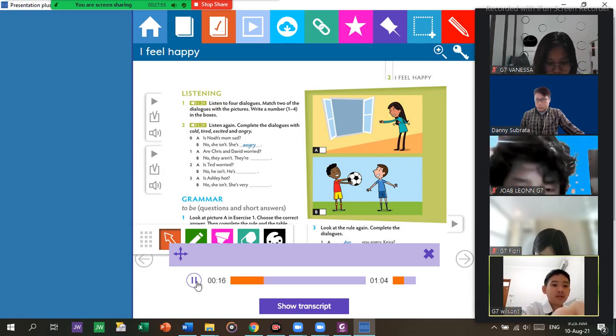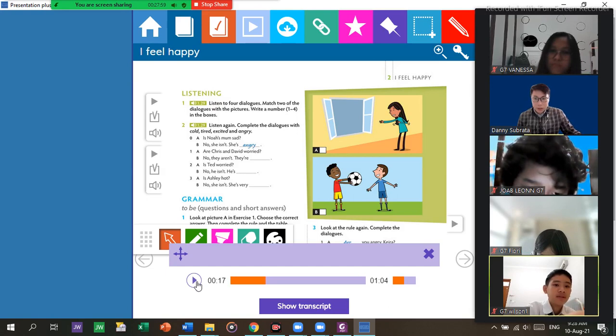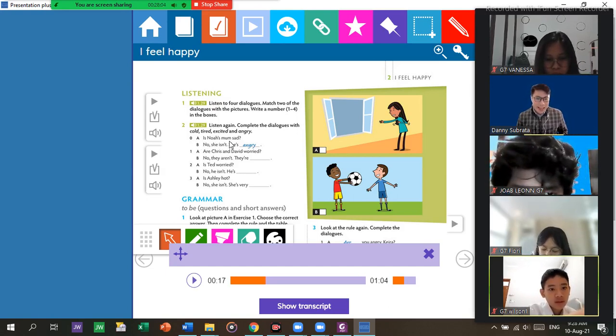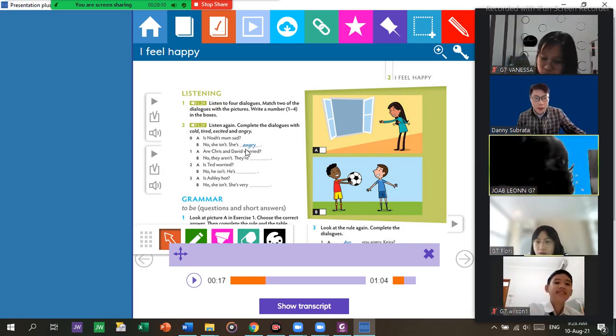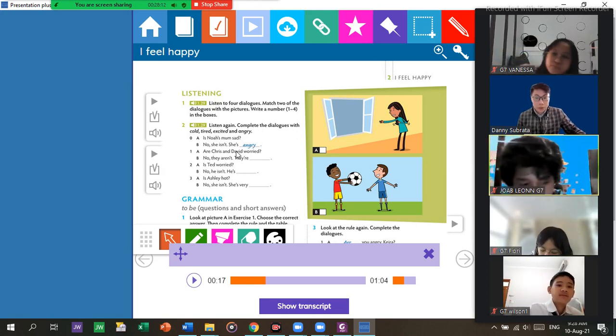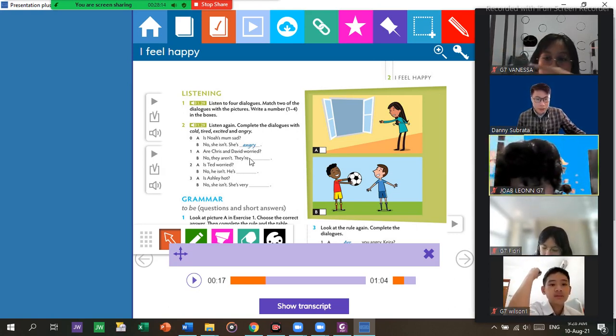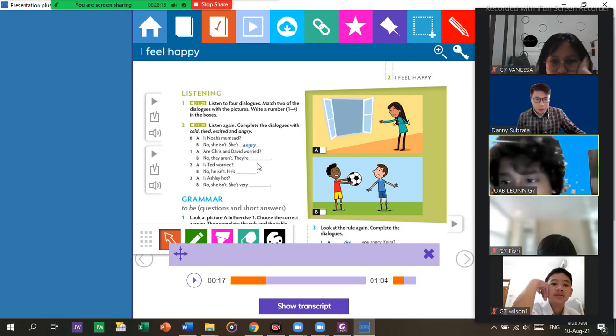I'm sorry, Mum. Okay, so in the example, for number 0, it is said, is Noah's mom sad? No, she isn't. Says angry. So you're going to write down the feelings in the blanks. Alright? I'm finished.